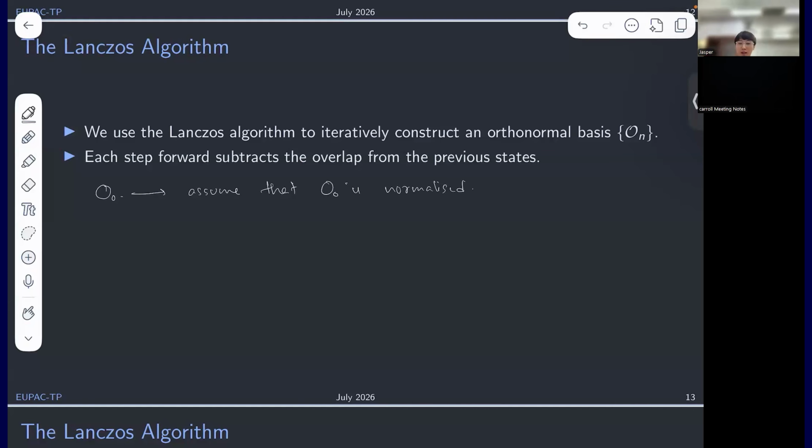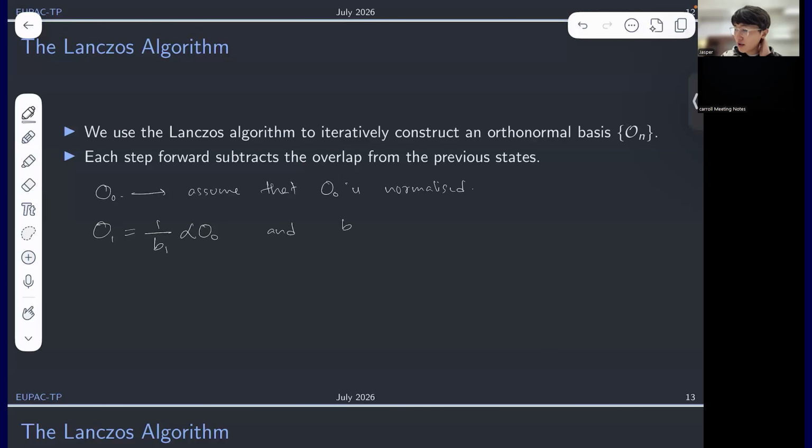Now we want to find our next vector, which is orthogonal to our original operator. So I can define O1 as 1 by B1 times L O0, the Liouvillean acting on our original operator.